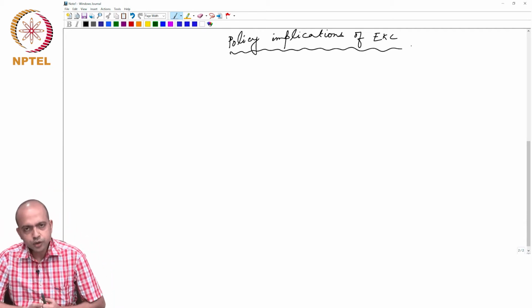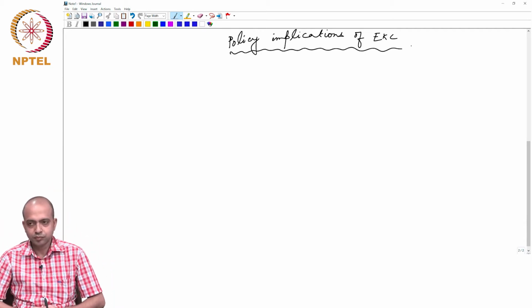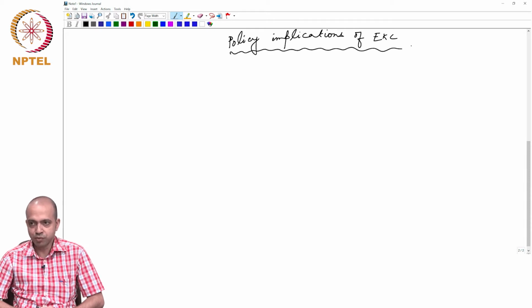Now, the environmental Kuznets curve paradigm is becoming more and more important in mainstream policy making, particularly in the developmental policy paradigm. Why is this so? Because environmental issues are becoming a part of overall developmental objectives, which was not there earlier.